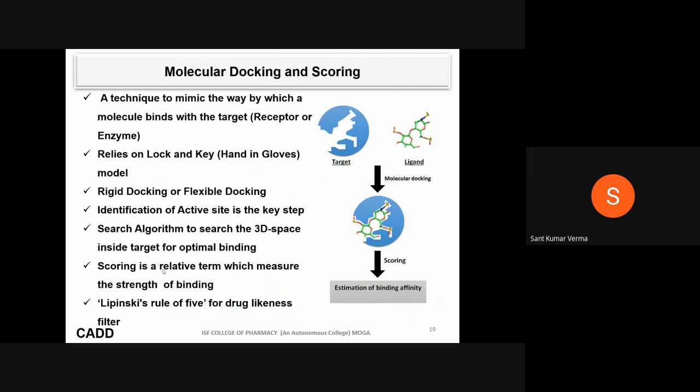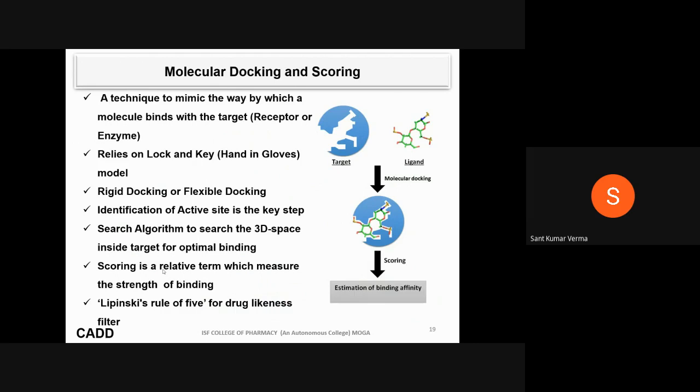This is the Lipinski rule of 5 for drug likeness. Molecules which obey the Lipinski rule of 5 are called drug-like molecules. An orally active drug-like molecule can disobey one rule among the Lipinski rule of 5. There are only 4 rules, not 5, but these are in multiples of 5, so it is called the rule of 5.